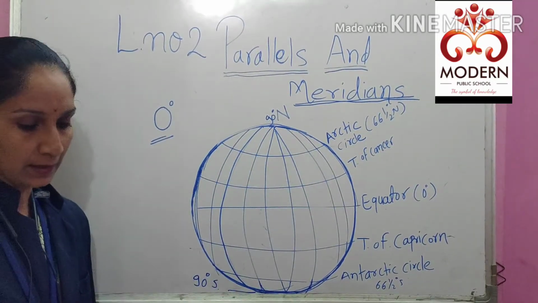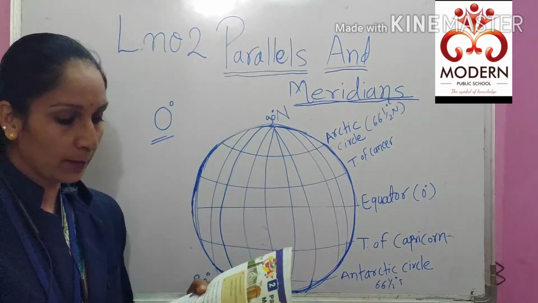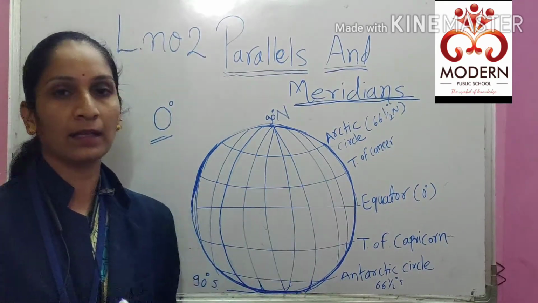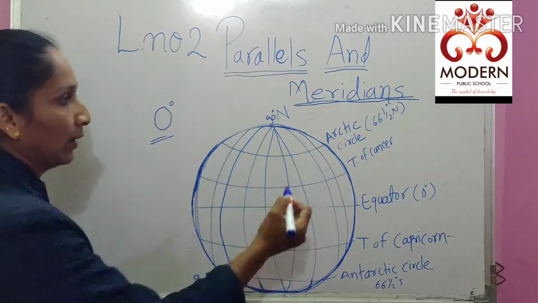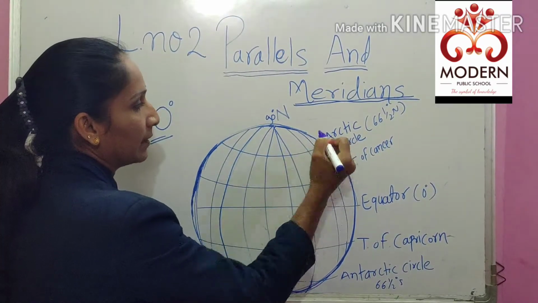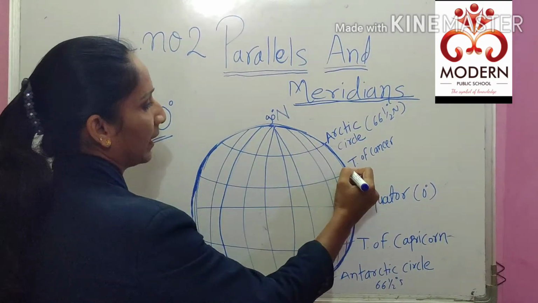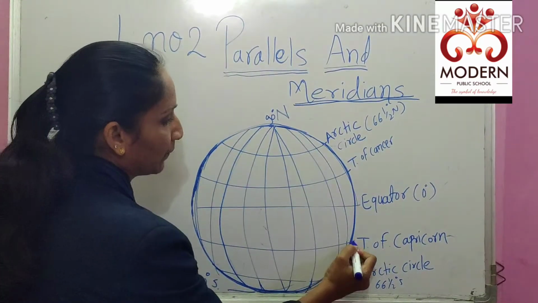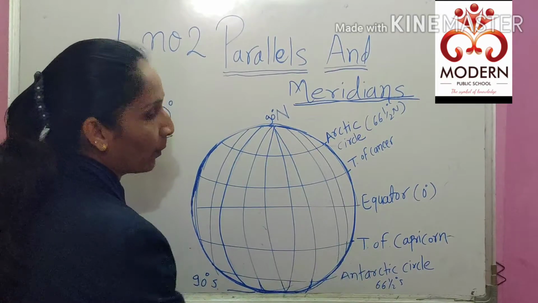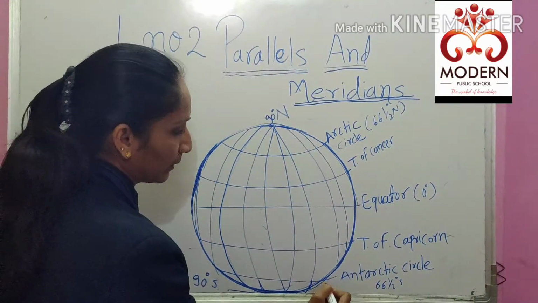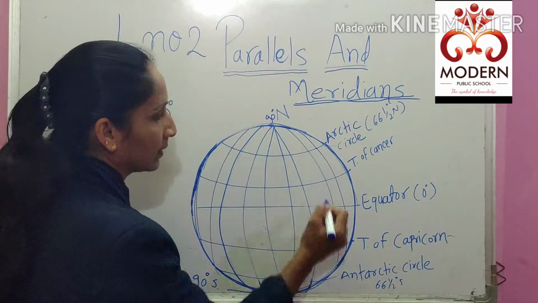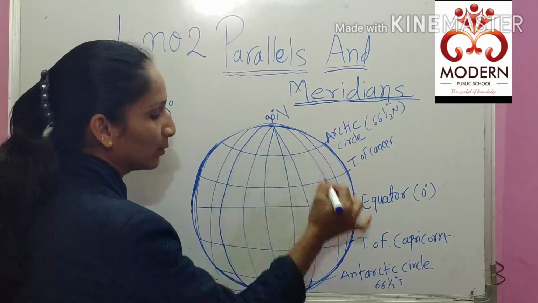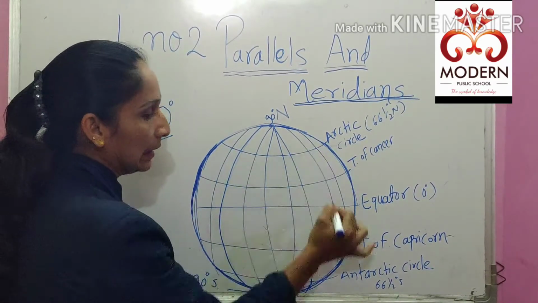There are four other important parallels. First, the Arctic Circle. Second, the Tropic of Cancer. Third, the Tropic of Capricorn. And fourth, the Antarctic Circle. These four are the most important parallel lines.